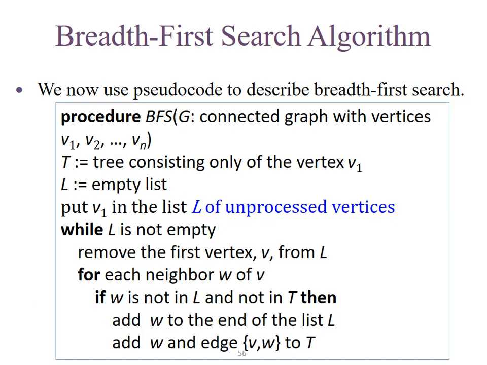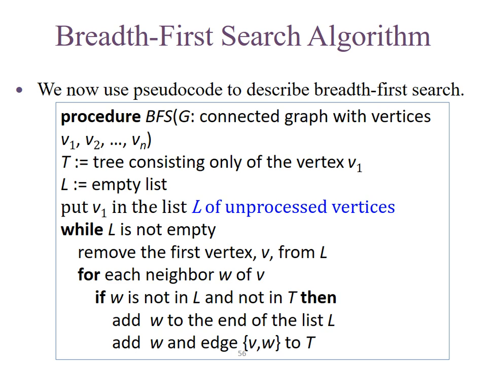Okay, so next, let's see. Once we process the first vertex, we go back to the beginning of the while loop. Currently, L is not empty, so we remove the first vertex.